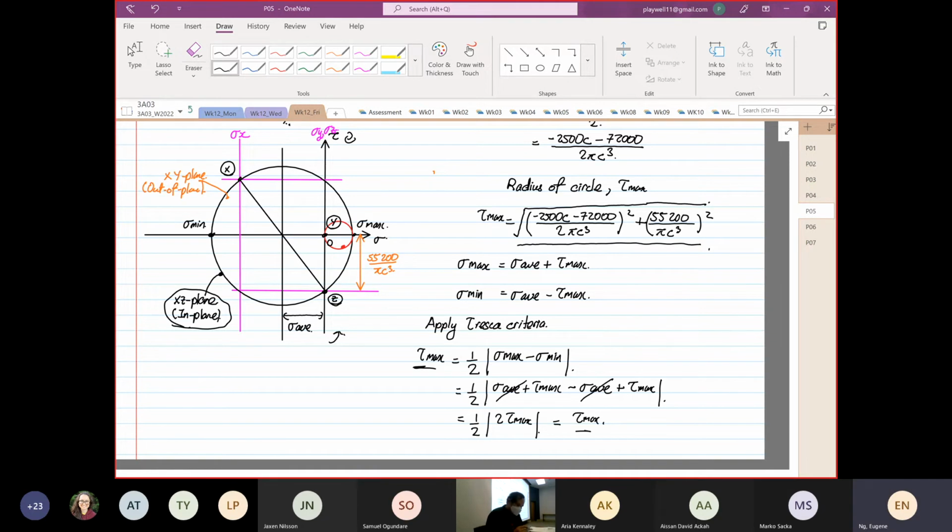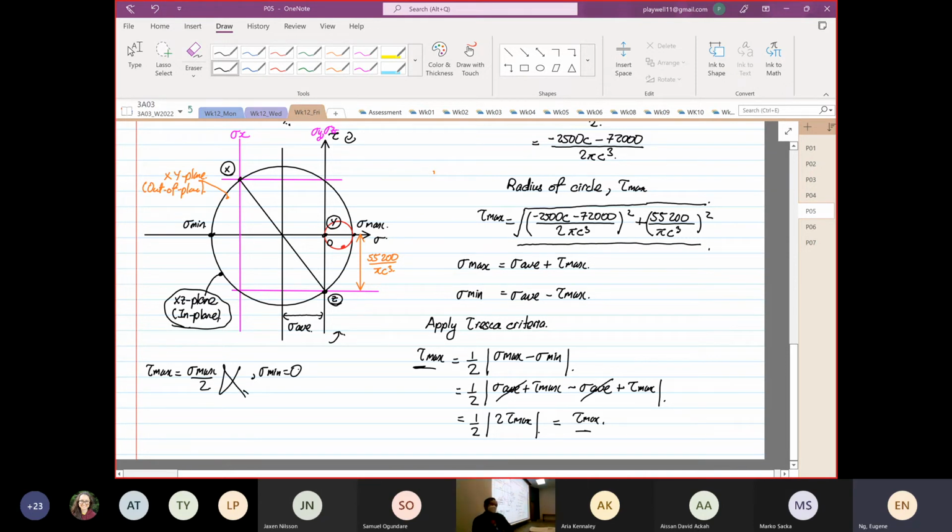Right. If we did not draw the 3D Mohr circle, and we apply this formula, this is where stress mean is equal to 0, and you did not analyze this using the 3D Mohr circle, your expression will be wrong. Can you see that? Okay, it will be wrong.